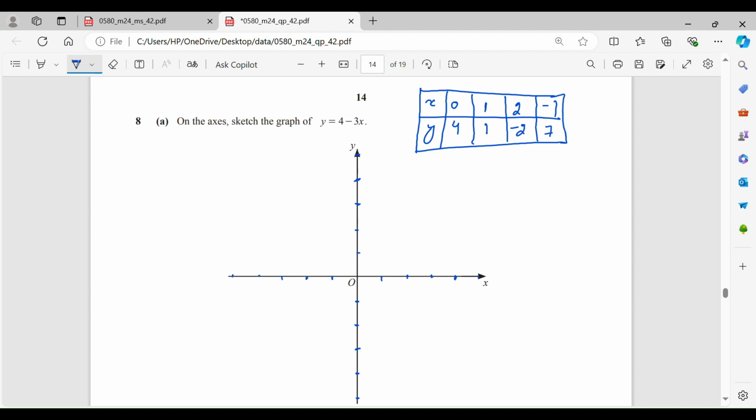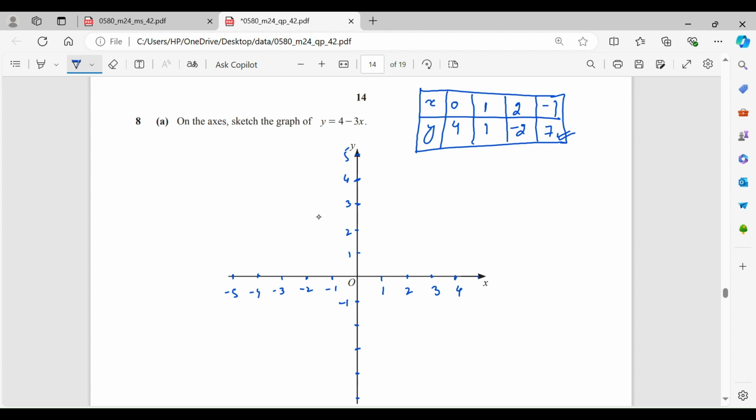First we will mark the points. On the x-axis, this will be 1, this is 2, 3, 4, and negative 1, negative 2, negative 3, negative 4, negative 5. Same way on the y-axis, this is 1, 2, 3, 4, 5. We will avoid this one, we don't have the 7.